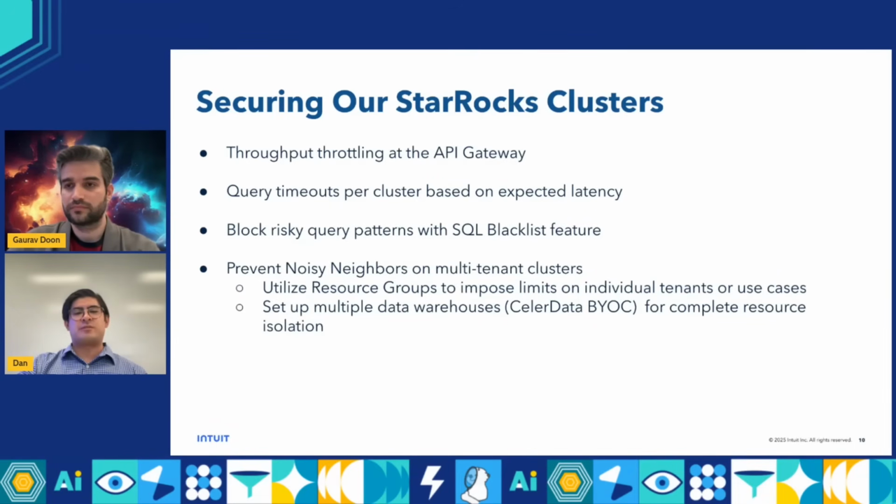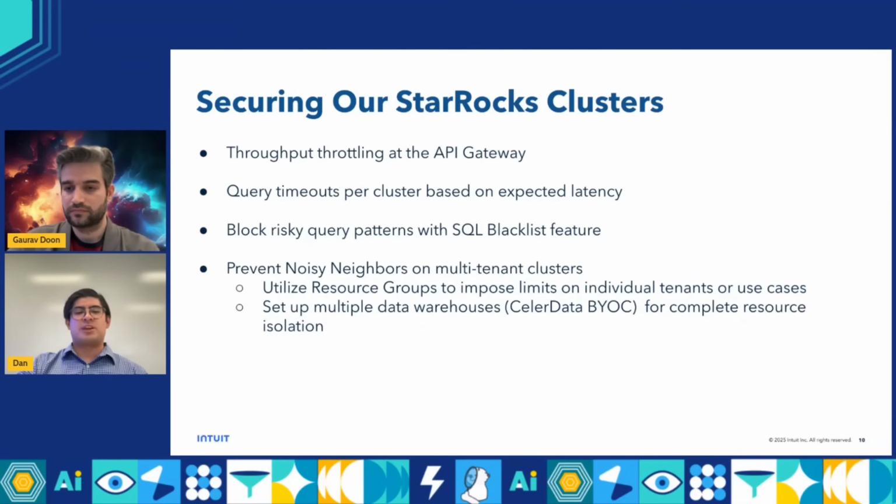And we also are using many of the StarRocks native features to protect our clusters. We have query timeouts based on the expected latency. We can block risky query patterns so that we don't have unexpectedly heavy queries on the cluster. And then finally, we can prevent noisy neighbors on our multi-tenant clusters.